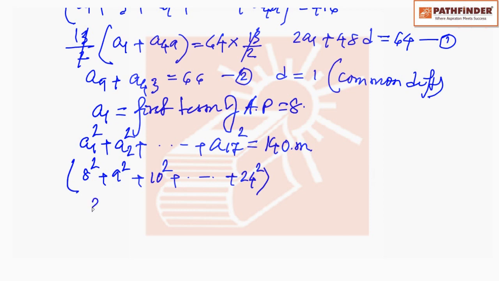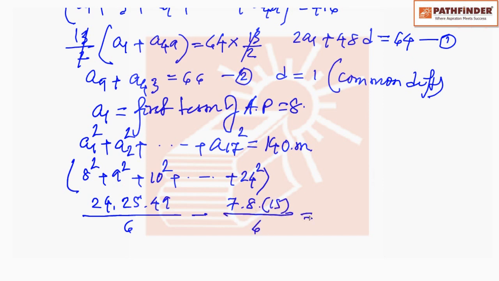So it will be n into n plus 1 into 2n plus 1 by 6 for 24, minus the sum up to 7 square, that is 7 into 8 into 15 by 6, equal to 140 m.